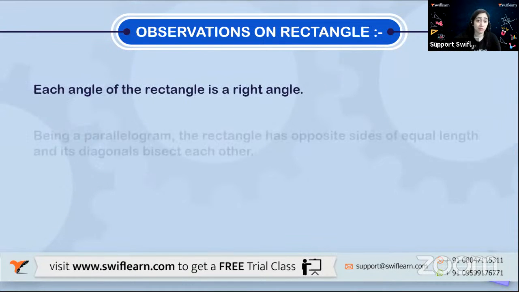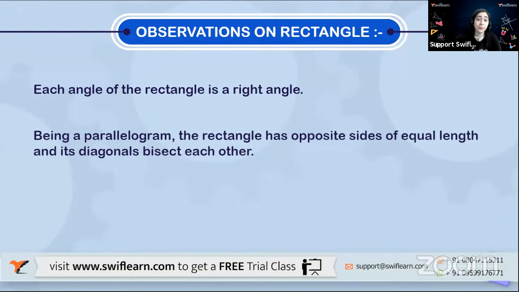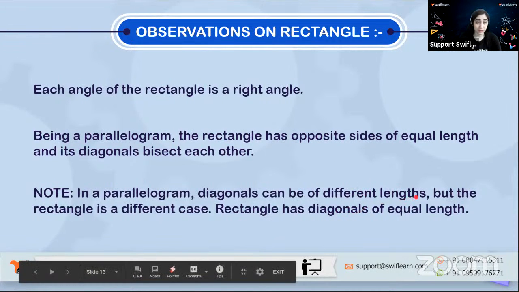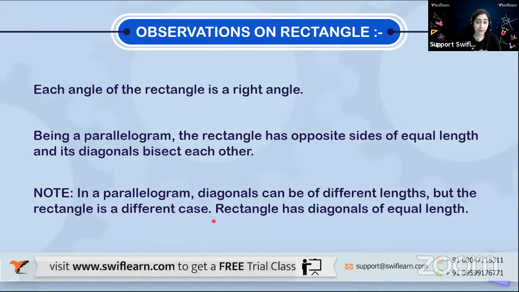Now, moving on to observations on a rectangle. Each angle of a rectangle is 90 degrees. Being a parallelogram, the rectangle has opposite sides of equal length and its diagonals bisect each other. In a parallelogram, diagonals can be of different lengths, but the rectangle is a special case.